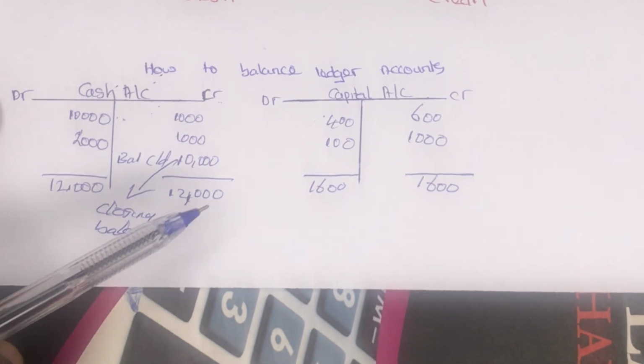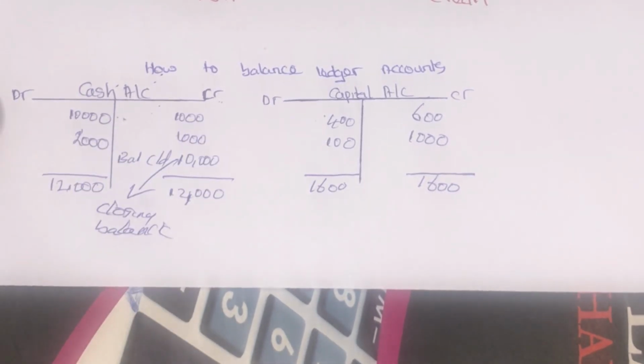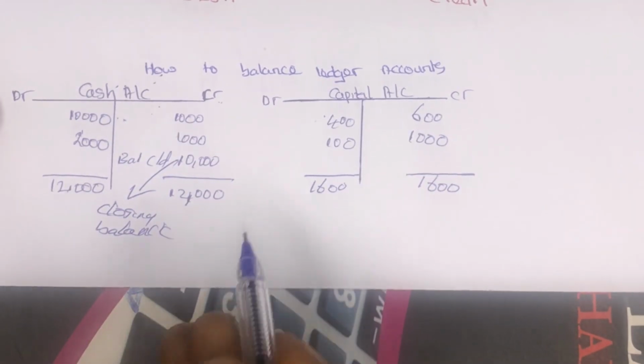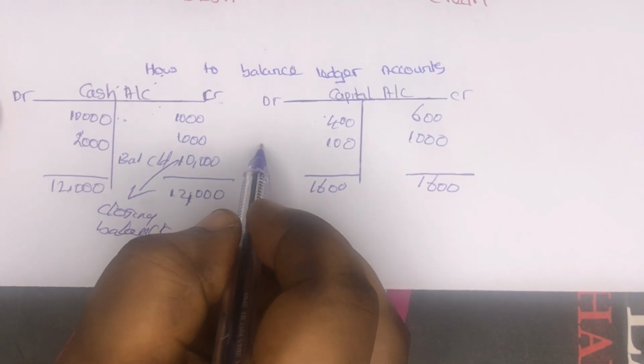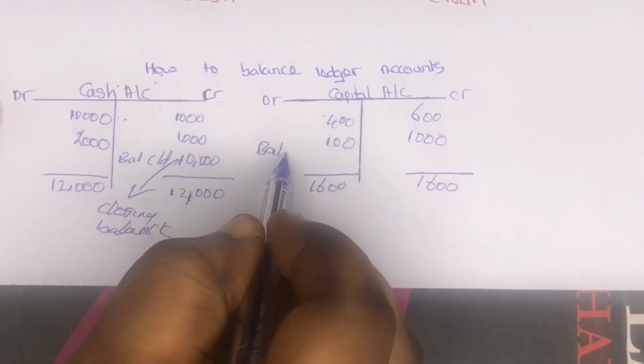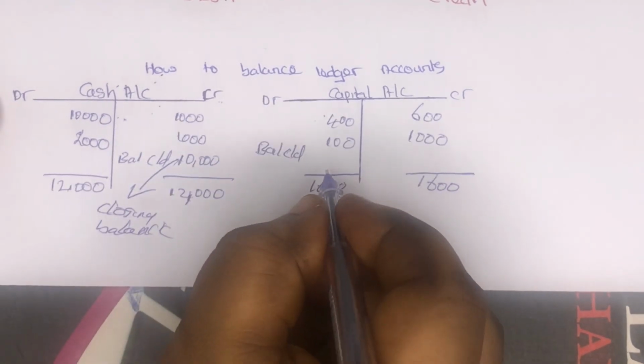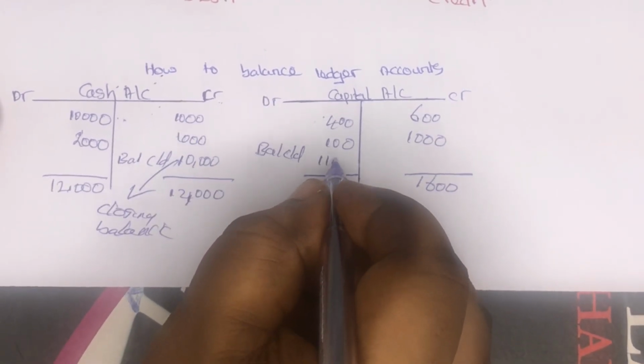So this one is 500. So the closing balance, this is the balance carried down, will be on the debit side, which is 1,100.